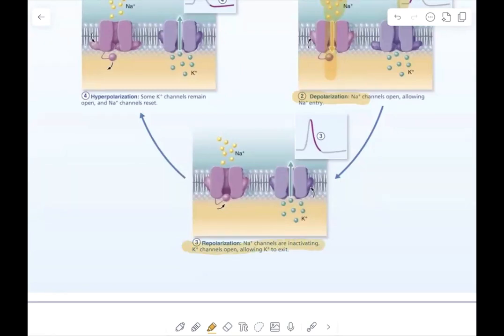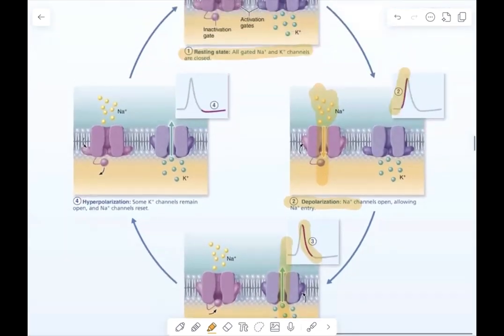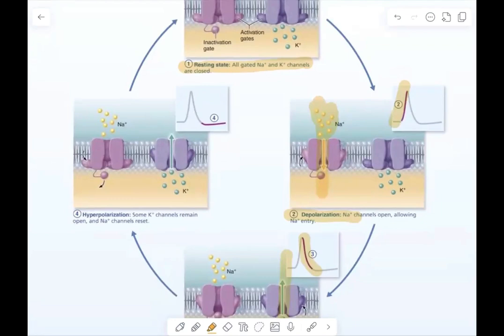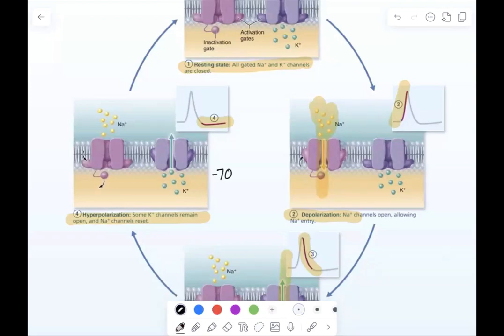The sodium channels are now inactivated, the potassium channels open, and potassium exits the cell. And again, since the membrane is more permeable to potassium, those gates remain open and we see a slight hyperpolarization. Hyperpolarization essentially means that it continues from negative 70 to negative 90.